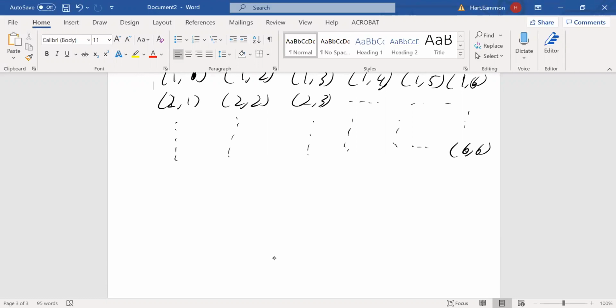Well, then we would just count all of the different possibilities that add up to 7. So that'll be 1, 6, that'll be 2, 5, that'll be 3, 4, 4, 3, 5, 2, and then 6, 1. So that's 6 possibilities. So 6 divided by 36 is equal to 1/6 odds of getting 7.